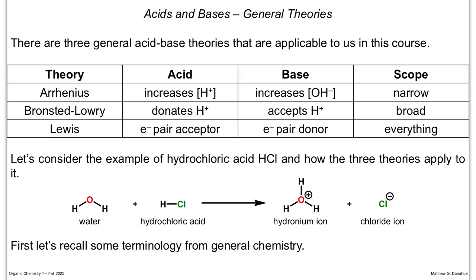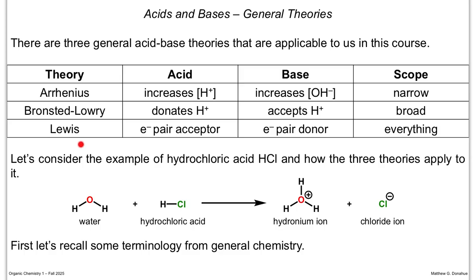That's pretty narrow because that's all you're measuring. A more general definition is the Bronsted-Lowry, and that says an acid donates a proton, and a base accepts it. So it's a little bit more broad. It encompasses most of the things in organic, but not all of them.